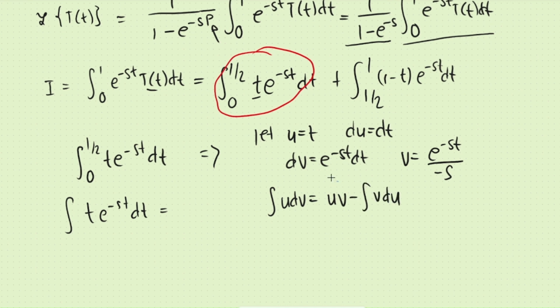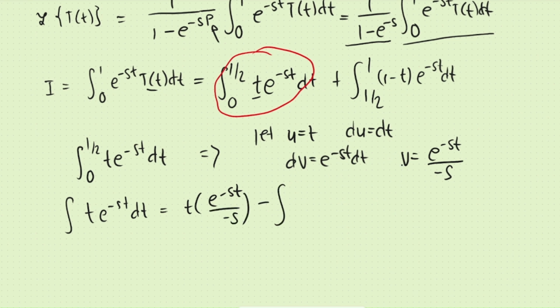Okay, you remember that one. So u times v is just t times e to the negative st over negative s, minus integral of v, which is e to the negative st over negative s. Our du is dt.